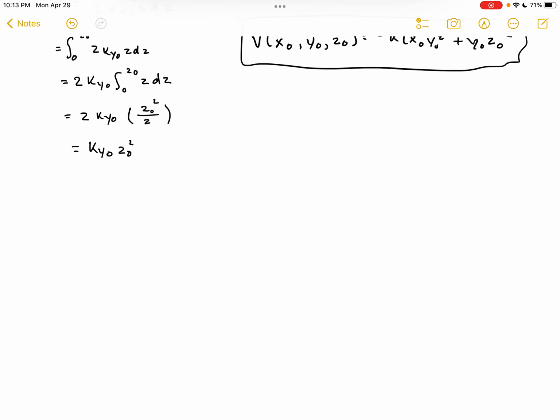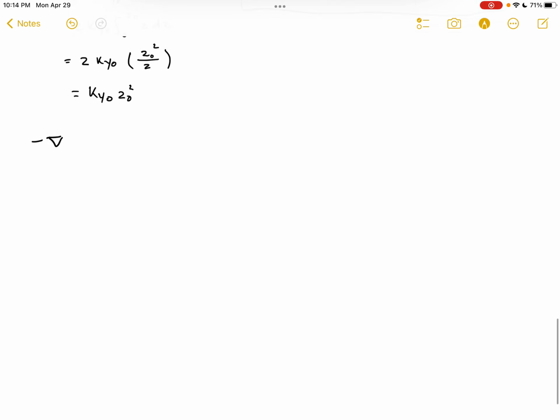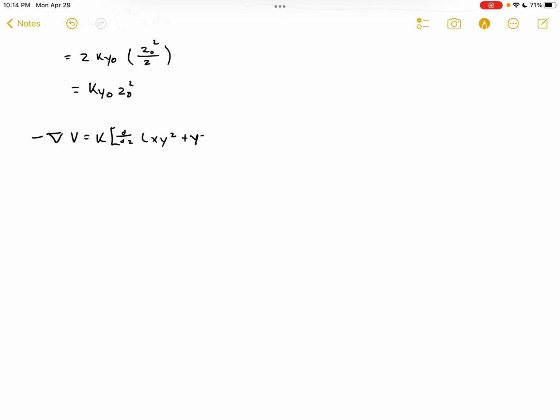And now we just have to take the gradient of that potential. So we get k, derivative with respect to x of xy squared plus yz squared, x hat, plus derivative with respect to y of xy squared plus yz squared, y hat, plus derivative with respect to z of xy squared plus yz squared, z hat.